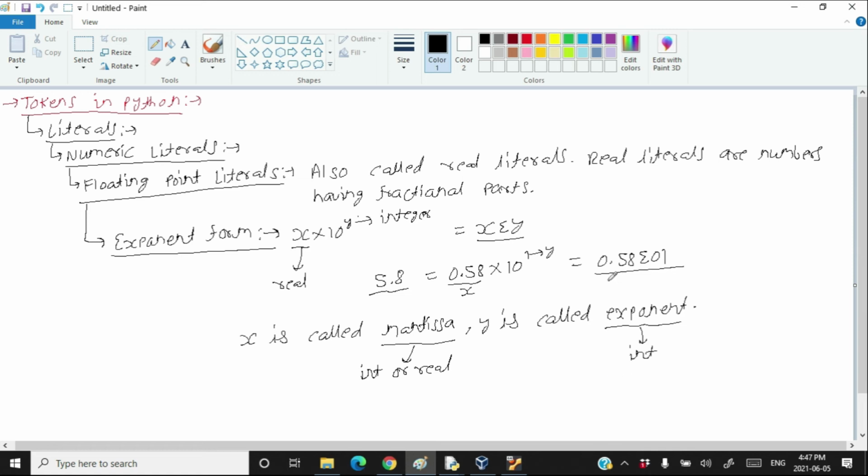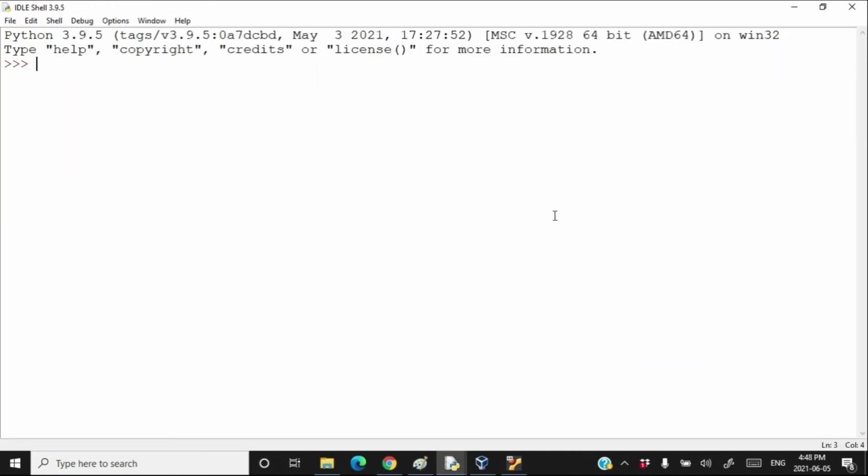Let's try this example in Python. Write a is equal to 0.58 E01. Now type a, press enter, it's 5.8 as we have seen. Again write a is equal to 0.58 E1.